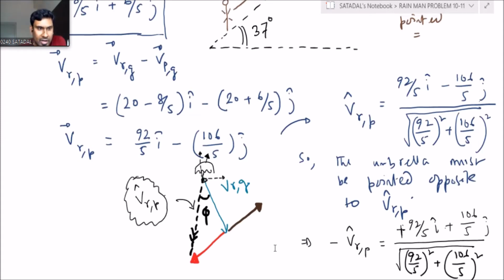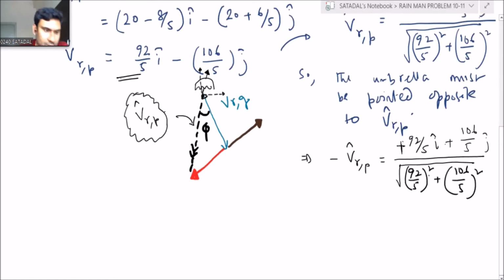This vector I already got here. Then I'm just using the formula to find the unit vector: that vector divided by the magnitude of that. Understood? It's clear now. No issue. Okay, one more question.